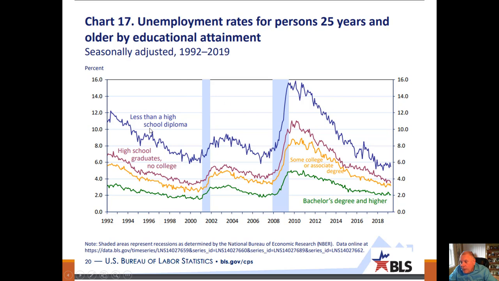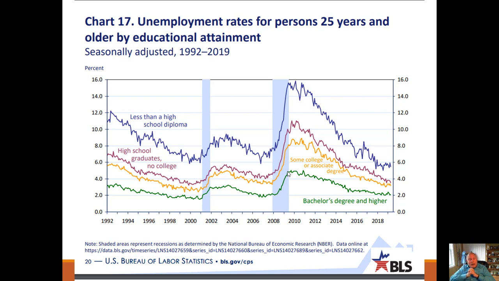Now, these aren't tradesmen, these are people who don't have a skill or a trade. So we can see that over time, those with a bachelor's degree, even at the height of the recession, were just a little over 4%, while those that had less than a high school diploma were up at 16%.